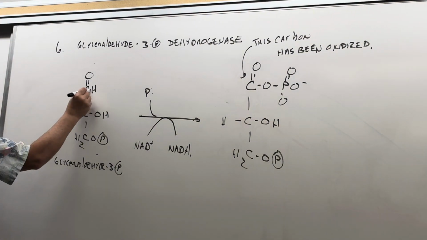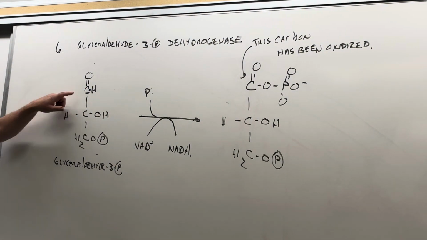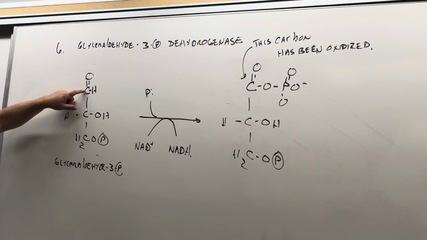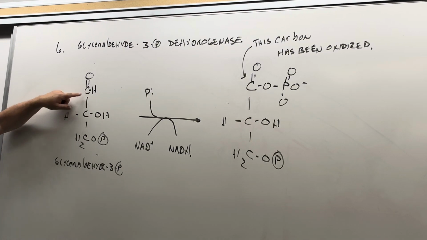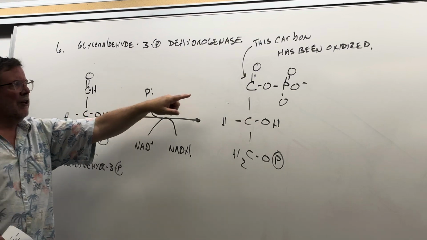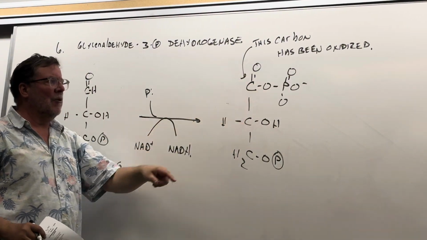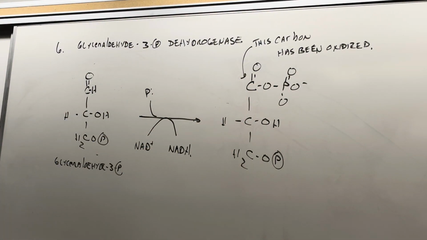We have this aldehyde right here. You count this has 2 bonds to hydrogen or carbon and 2 bonds to oxygen. This one has 3 bonds to oxygen and another bond like that. So that carbon has been oxidized.